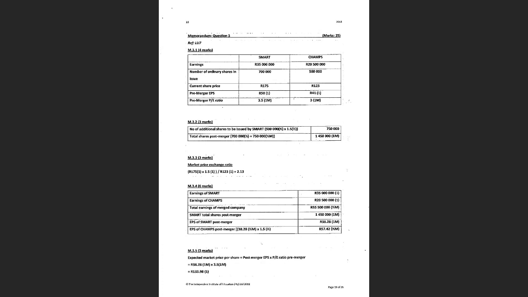And you'll see that this is a method mark, which means that as long as you use the amount of shares here that came from 3.2, you will get that method mark.